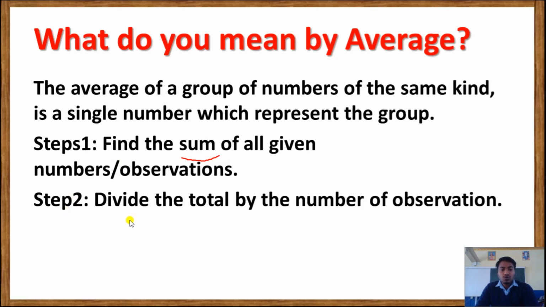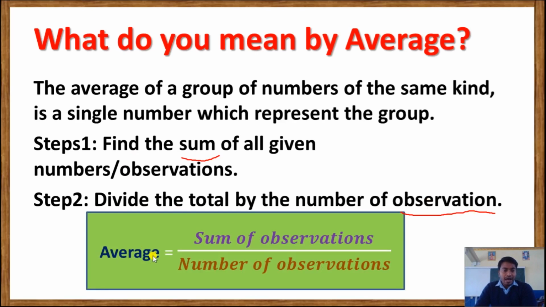Step number 2, divide the total by the number of observations. In the first step we find the sum of all given observations, and in step 2 we divide the sum by the number of observations, understood?